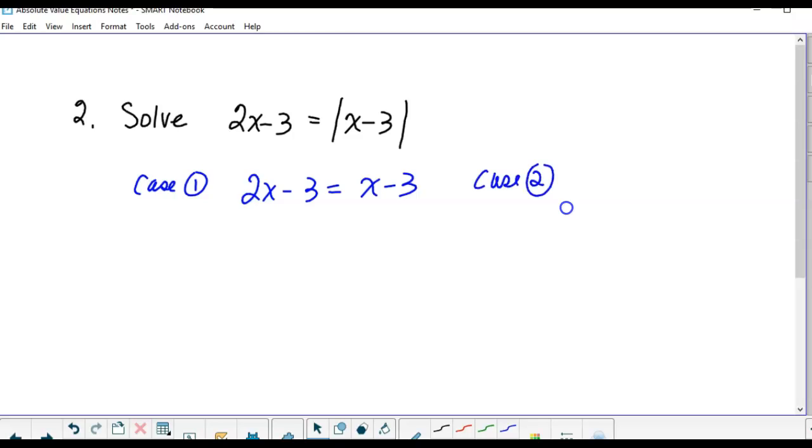The other one is if this is negative, to take the absolute value, you have to change the sign of it. So we would multiply this by negative 1. So that would be 2x minus 3 equals negative of x minus 3. Now you solve those cases.